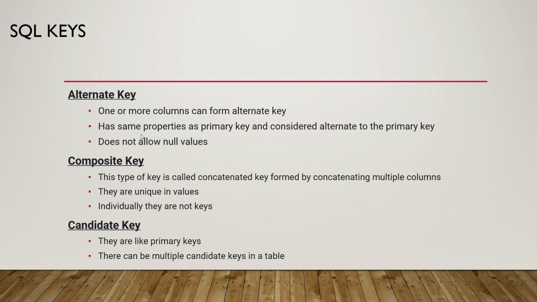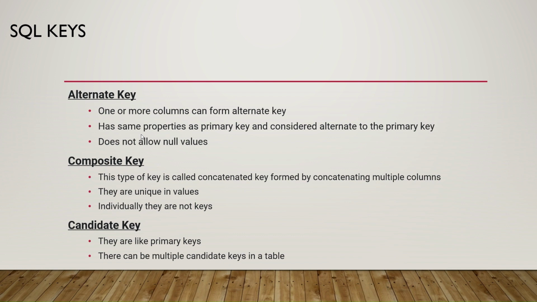The next is the alternate key. We don't explicitly define this as an alternate key in any table definitions, but it has the attributes of the primary keys. It does not have any null values, and it has unique values. The only thing is we can define only one key as the primary key for a table.